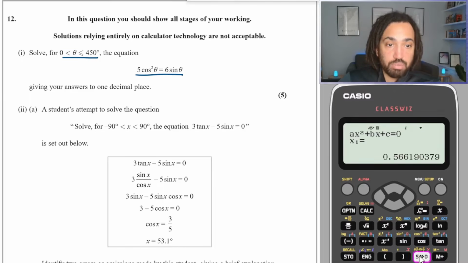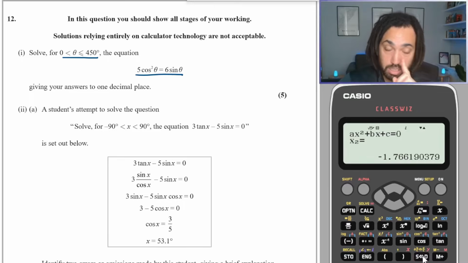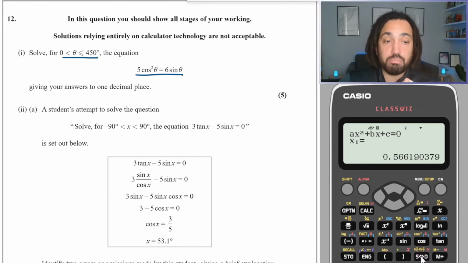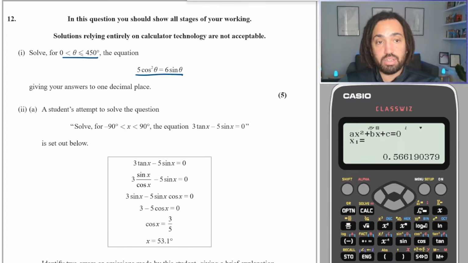Well, this one, if I press this, that's between 0 and 1. Good. The next one is not between 0 and 1. Naughty, naughty. So that one was not going to have any solution. So it's only this one that I'm interested in, which is 0.566.